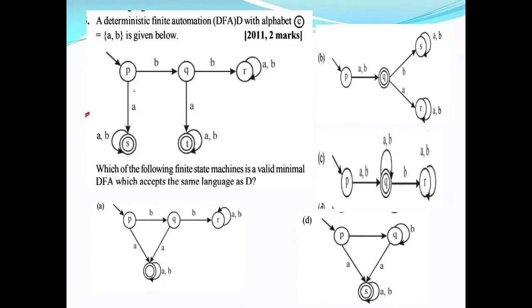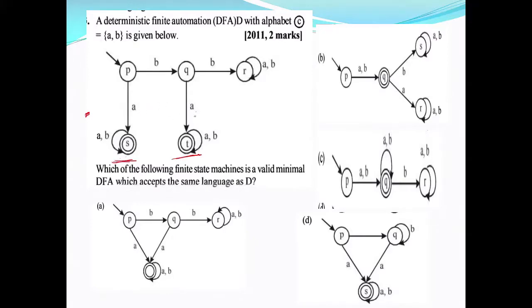And Q on A, P on A, Q on A, both of them are coming to S and T. Now S and T on A are going to the same, on B are going to the same, and both are final states. S on A, yes, S on B, yes. Then T on A, T, T on B, T. Both are final states.